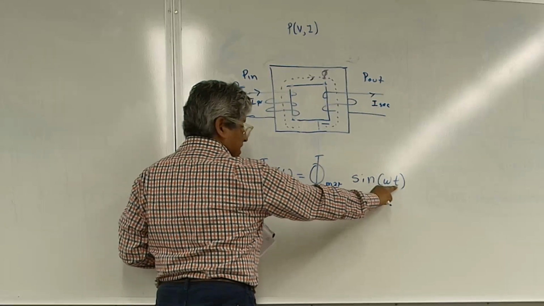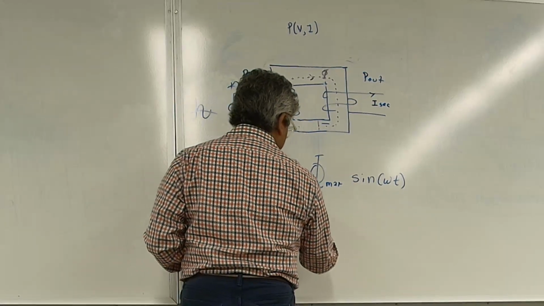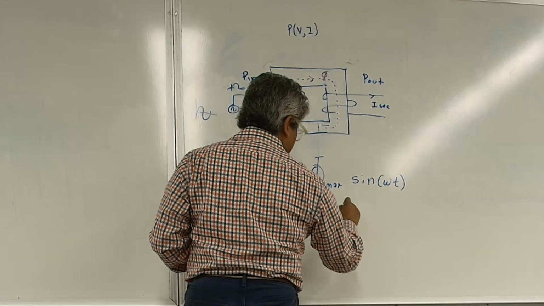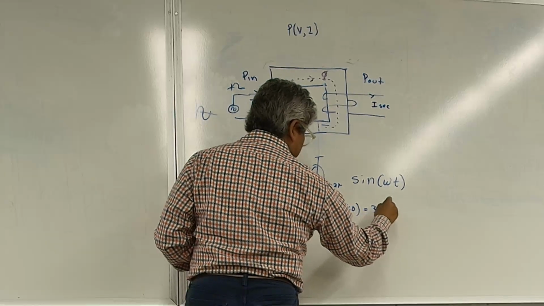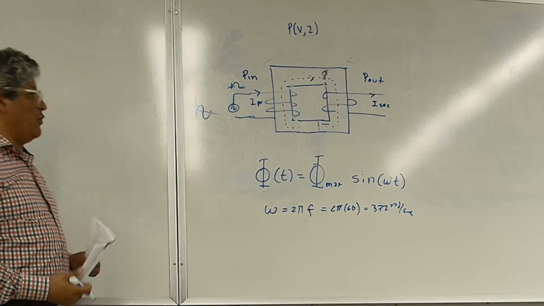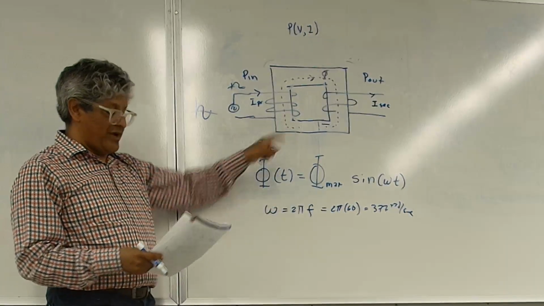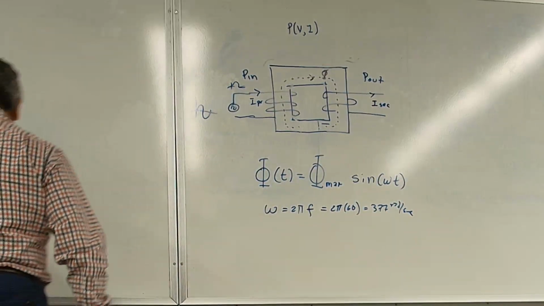It changes, once again, with respect to time, where ω is equal to 2πf. And for us here in the US, it's 2π times 60, or 377 radians per second, right? That is ω. So that's the equation that is describing this flux on the core.